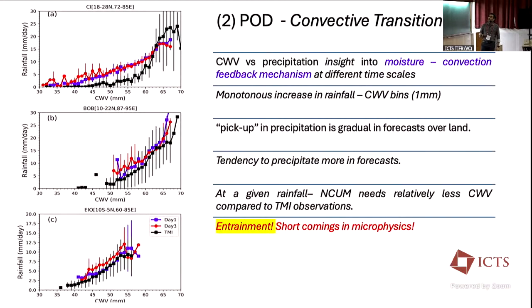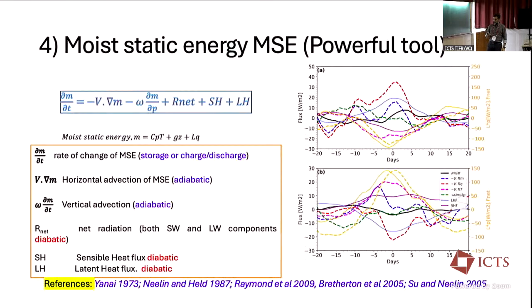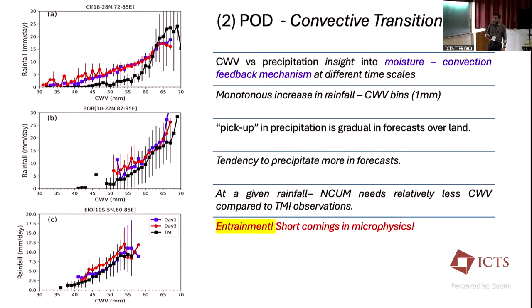The other metric that we use is the convective transition statistics, where we just look at the column water vapor versus the precipitation. It's again the 2D association of column water vapor versus the rainfall. Column water vapor is nothing but your theoretical precipitation.